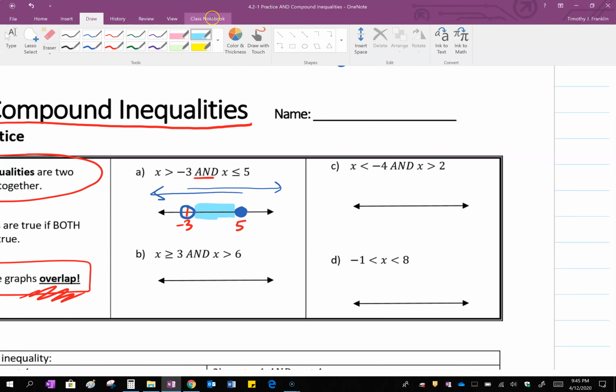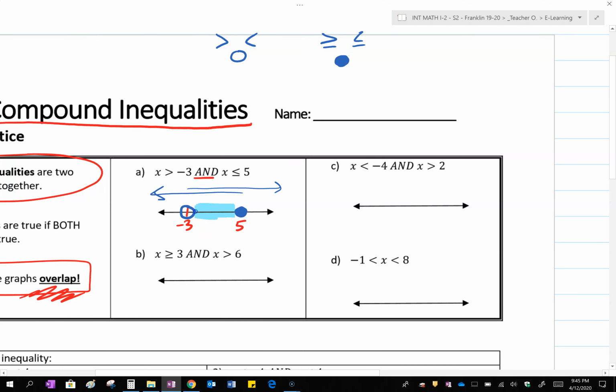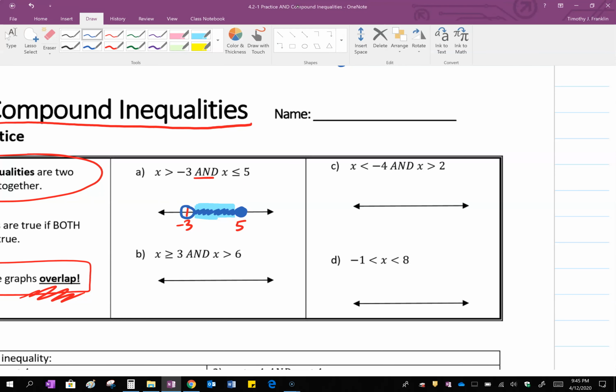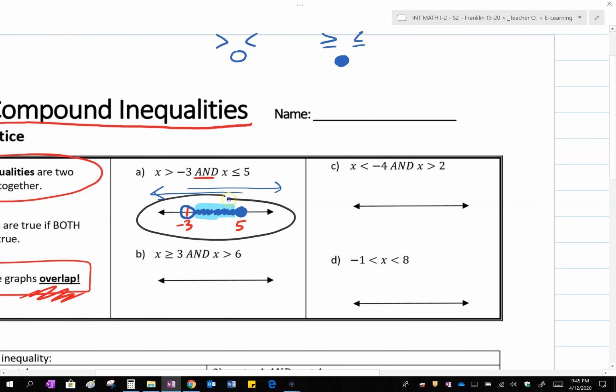So that is where the shading happens, just between them, right? Not on either side. And these arrows up top, you don't need them. They're not part of the solution, but they are helpful if you want to show your work. So I'll leave them up there for now, but they are not part of the answer. The answer is everything that fits, right here on the line.